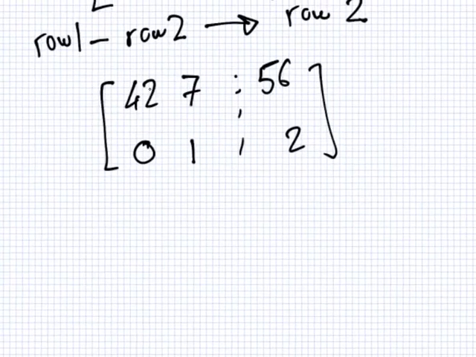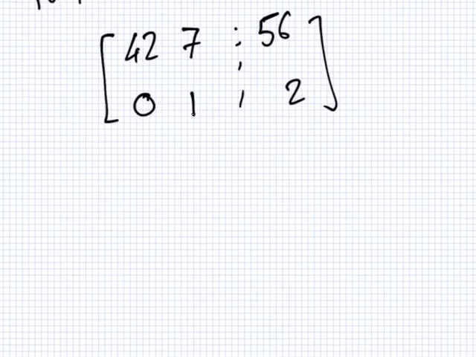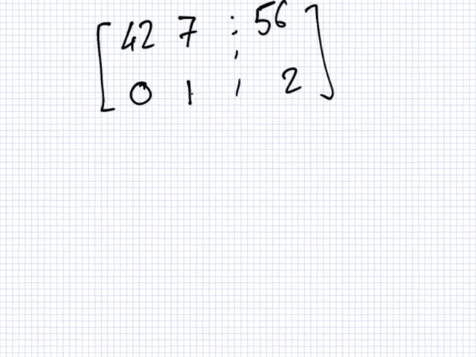Next, let me see. Well, I suppose you can stop here if you want, but I think I'll continue. So what I'd like to do next, I want to make a 0 here. So how can I make a 0 here?